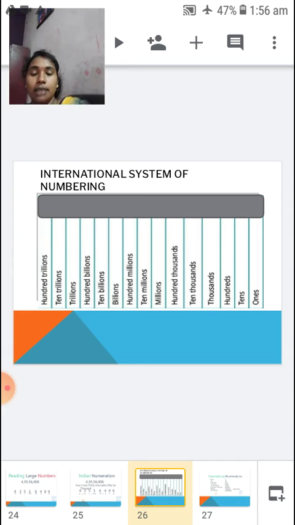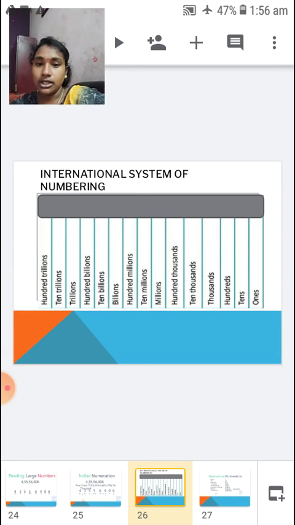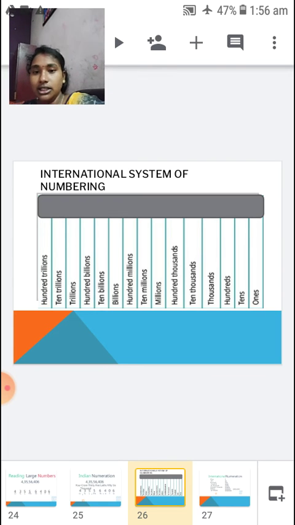But in the Indian system we have ones, tens, hundreds, comma, 1,000, 10,000, comma, lakh, 10 lakh, comma, crore, 10 crore, comma. Okay children, so this is a major difference between the Indian system of numbering and the international system of numbering. So I hope you understood the place value system of the Indian system and the international system.